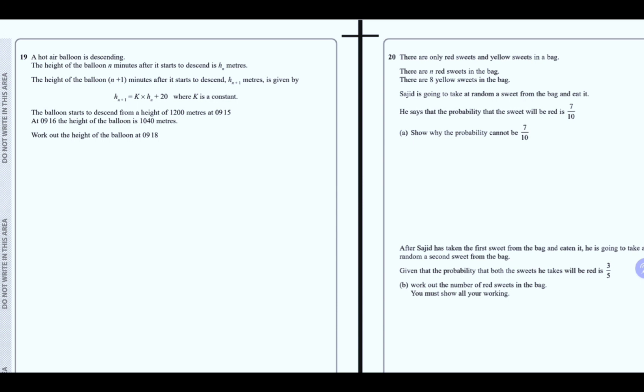It's given by h_(n+1) equal to all of that. Now it says the balloon starts to descend from a height of 1200 meters at 9:15. At 9:16, the height of the balloon is now 1040 meters. Work out the height of the balloon at 9:18.